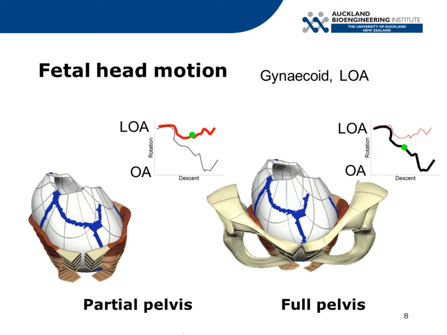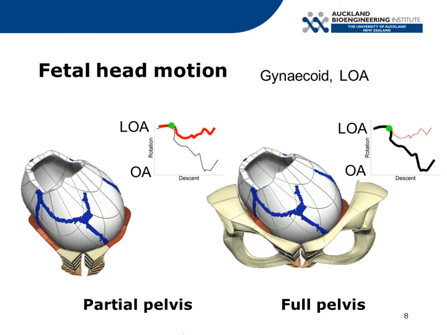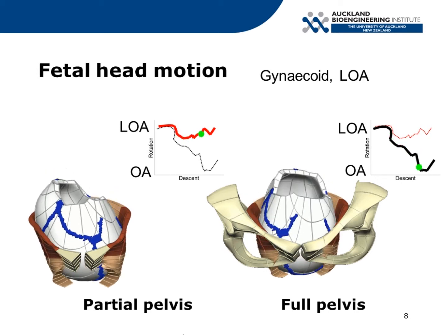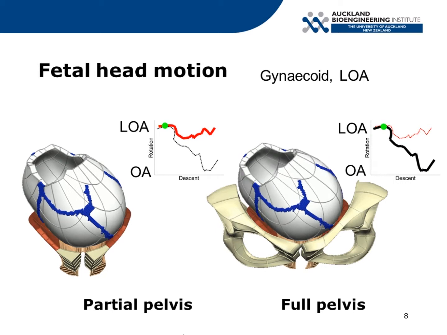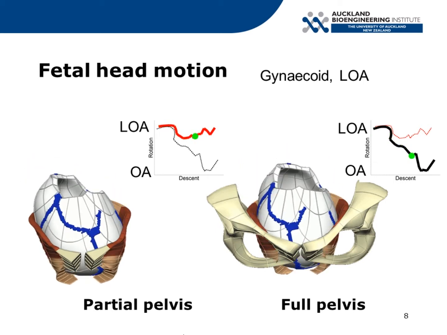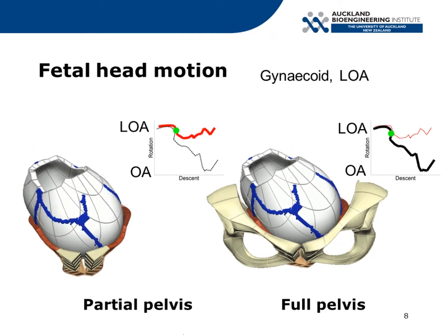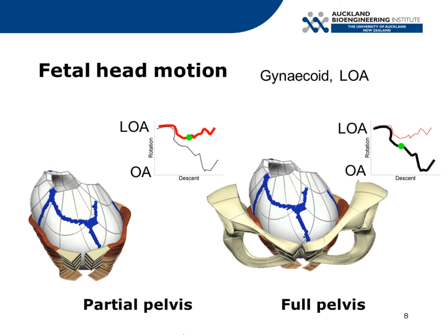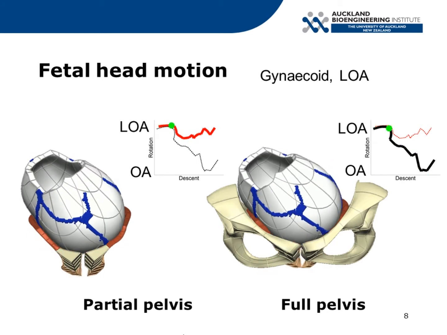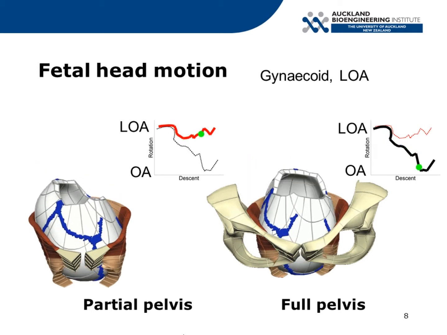So as we can see, incorporation of the full pelvis gives rise to a significantly different fetal head motion at the moment of crowning. Without the full pelvis, the fetal head stayed at the left occiput anterior position, and the full pelvis facilitates the fetal head to rotate to a direct OA position.